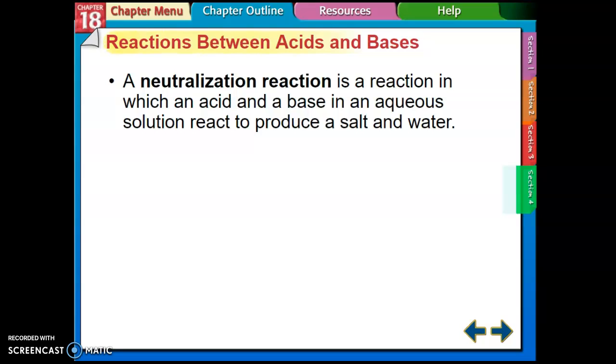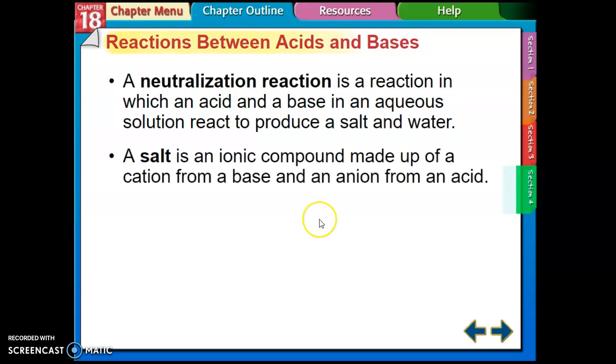I'm talking about the product of a strong acid and a strong base. Some other types of salts are MgSO4, magnesium sulfate, or calcium chloride, or potassium chloride. Those are all examples of salts that aren't the salt that comes out of a salt shaker.